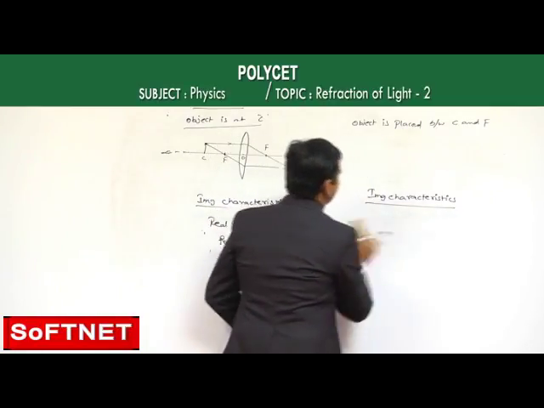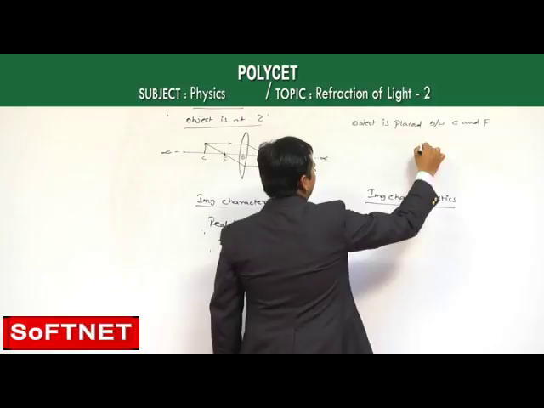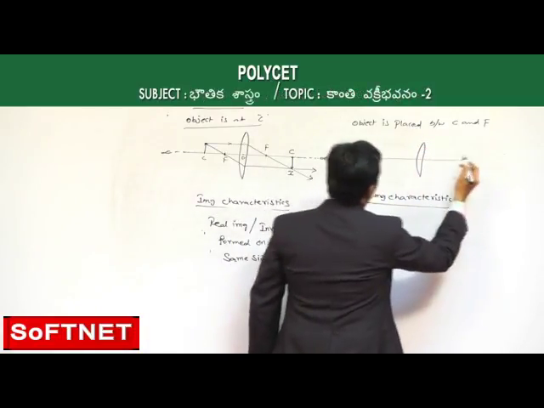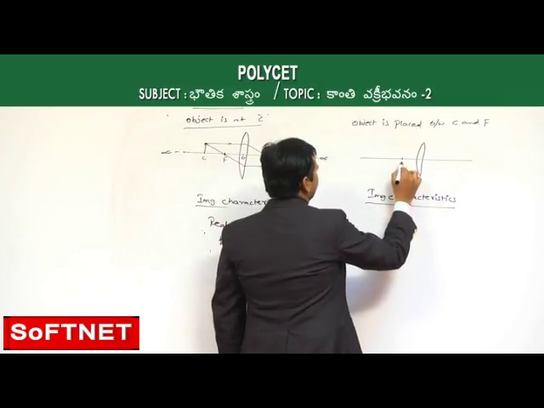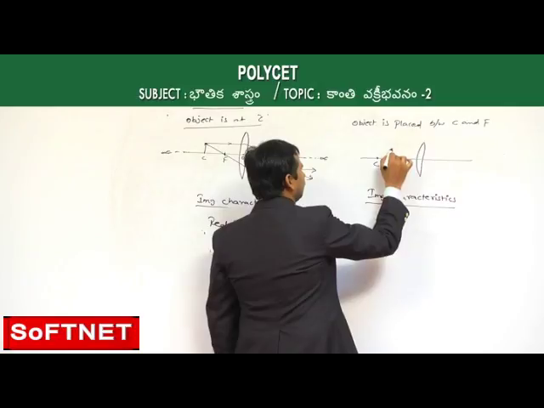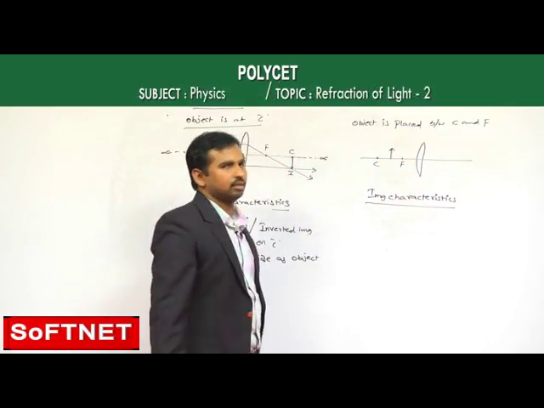Now again if you see the object here, as it is coming a bit closer, let us suppose this is F and here we have C, and the object is taken now in between C and F there, like this.